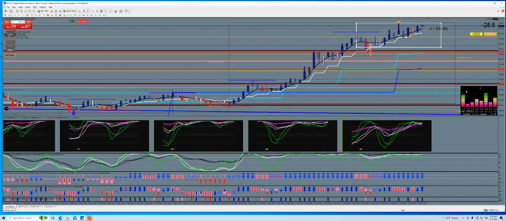The dollar is strong, so there's some strength on the dollar.